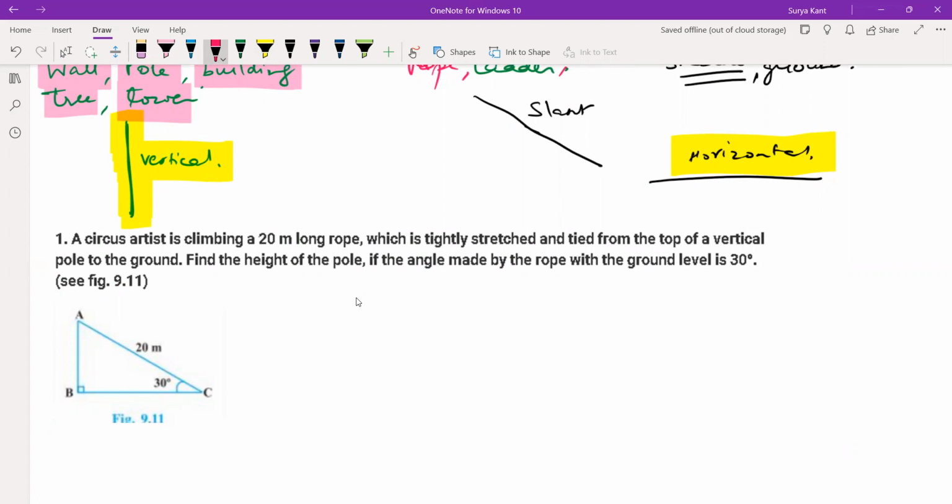In this figure AB is the pole, AC is the rope, and BC is the ground. Here you have to find the height of the pole, AB.